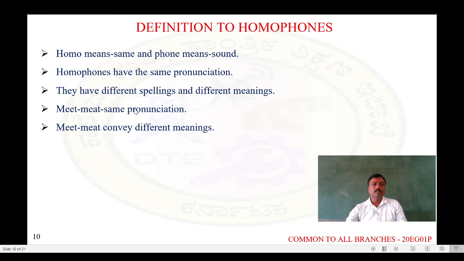For example, the word meat, M-E-E-T, and meat, M-E-A-T, have the same pronunciation, but their spellings are different and they convey different meanings. So these are homophones. Let's see some more examples on homophones.